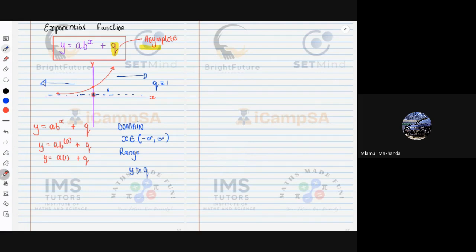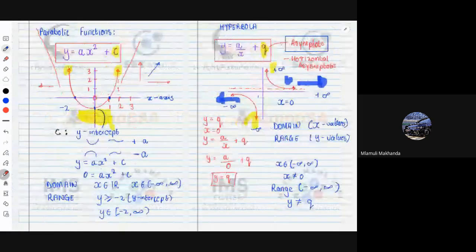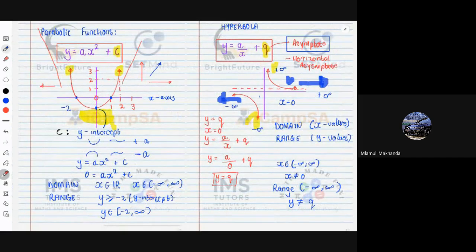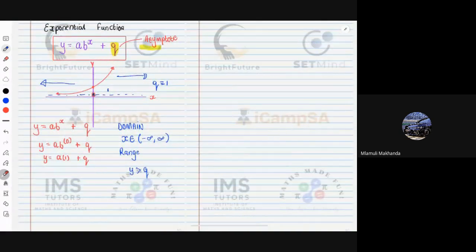Another thing to note here: remember, for the parabolic I said y is greater than or equal to, because the graph does in fact exist at that y-intercept. But for the exponential function, the graph will always be above q, will always be above the asymptote.